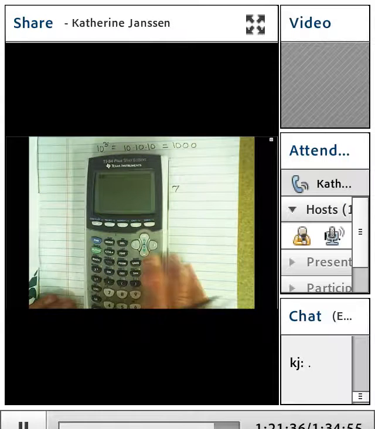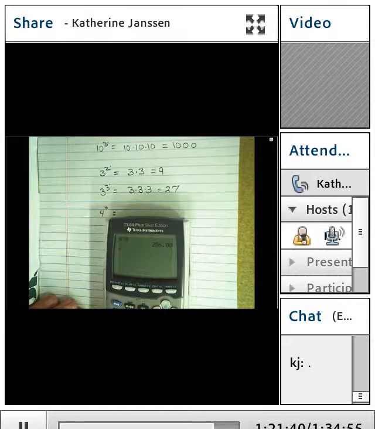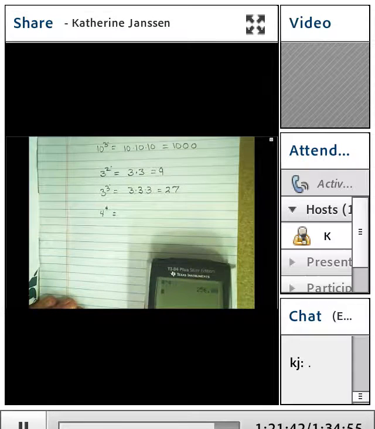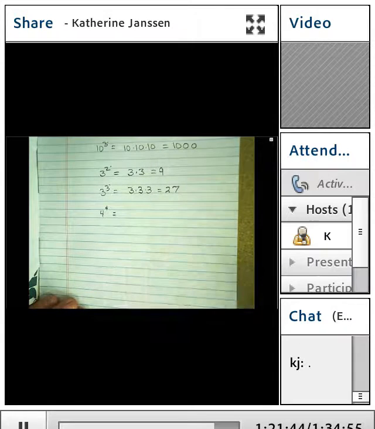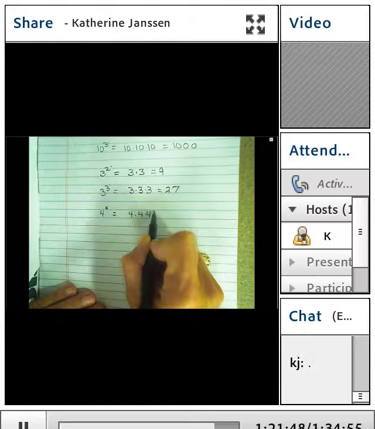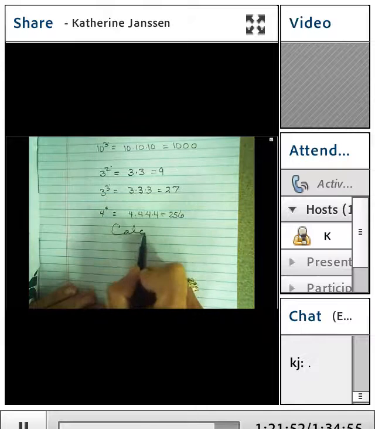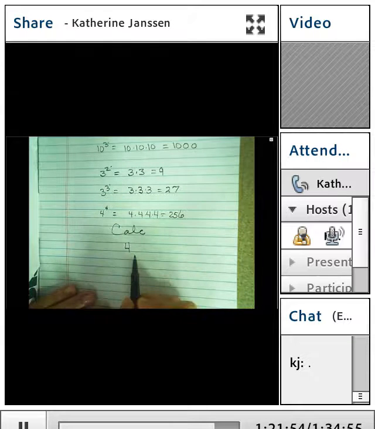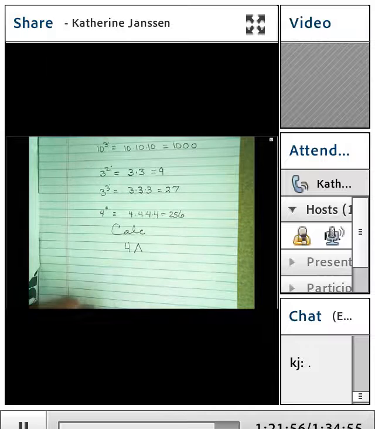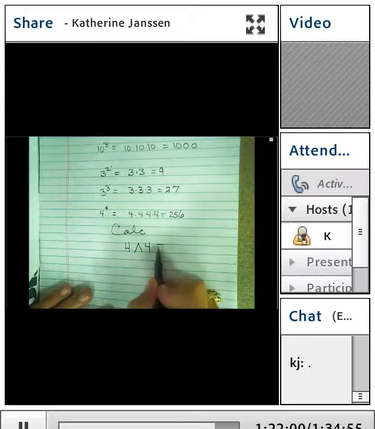Caret symbol to the 4th. 4 raised to the 4th is 256. Means the base times itself 4 times. Now on our calculators, we're going to type the base. The symbol is called the caret symbol. 4 raised to the 4th power is equal to 256.